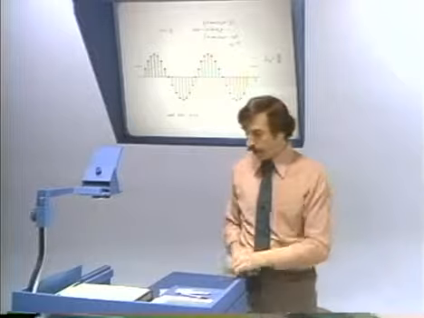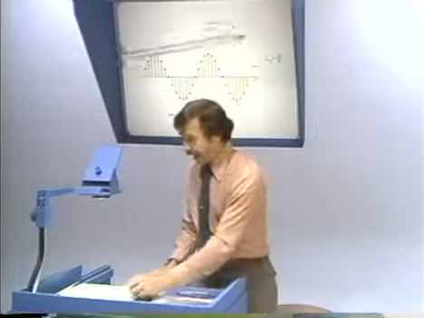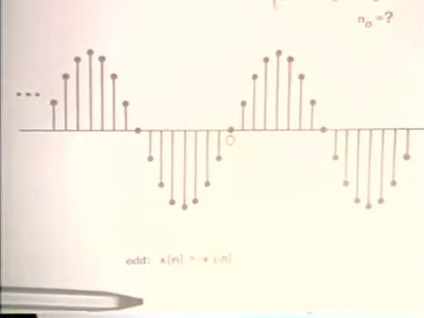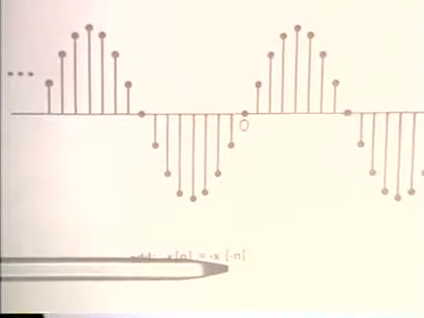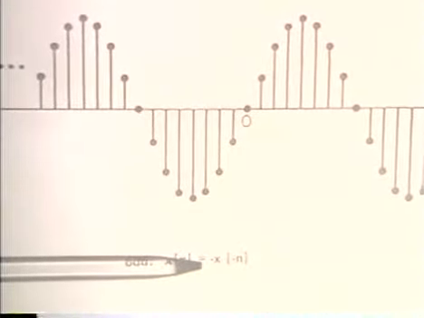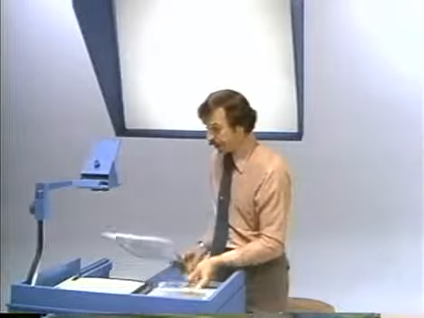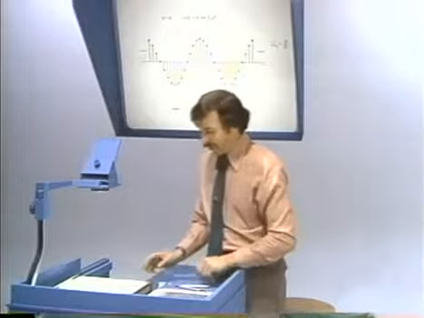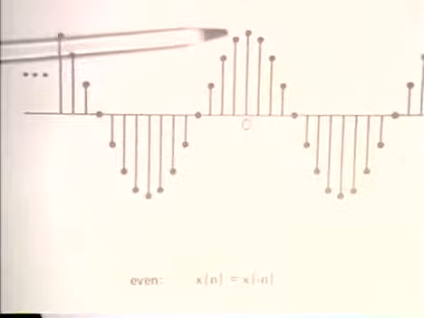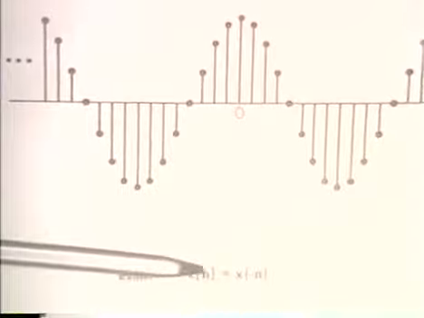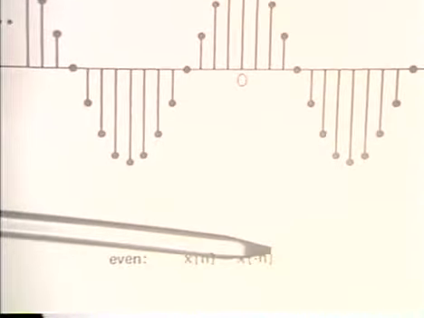Namely, if I flip it about the time origin and don't do a sign reversal, then the sequence is maintained. So here we have an odd symmetry expressed mathematically as I've indicated, namely replacing the independent variable by its negative attaches a negative sign to the whole sequence, whereas in the previous case what we have is zero phase and an even symmetry, and that's expressed mathematically as x of n equals x of minus n.